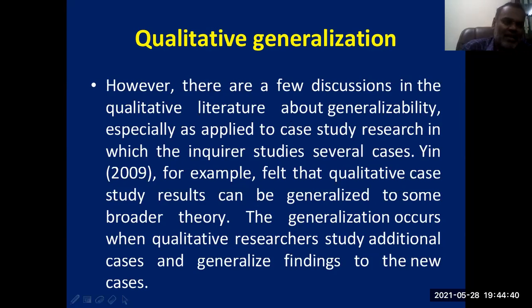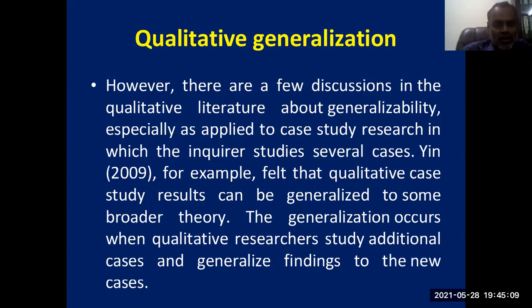But in rare cases, there are a few discussions in qualitative literature. You can find generalizability, especially in case study research, where the inquirer studies several cases. If you are doing case study research and are involved in multiple cases, then you can do generalization.